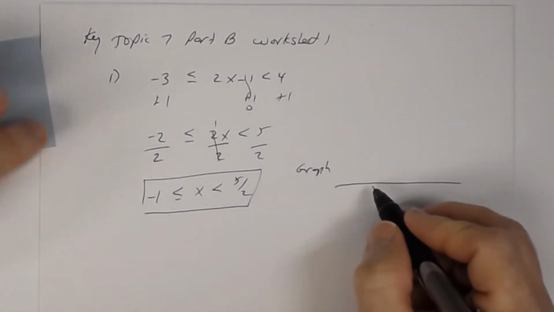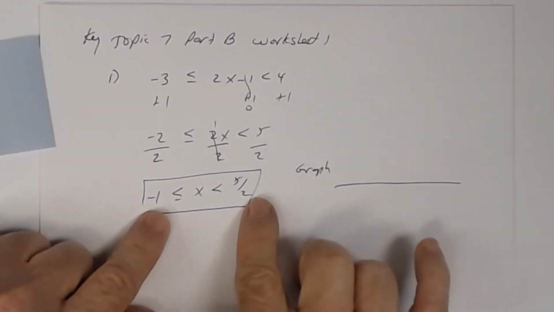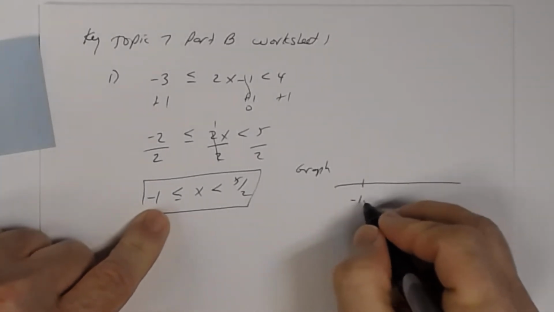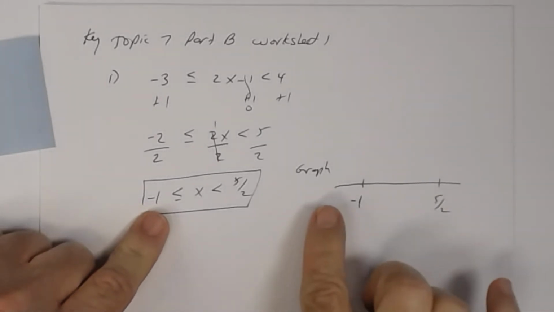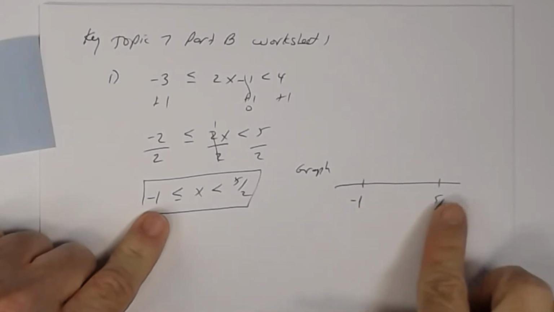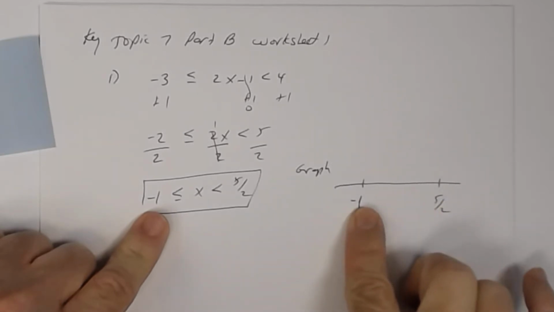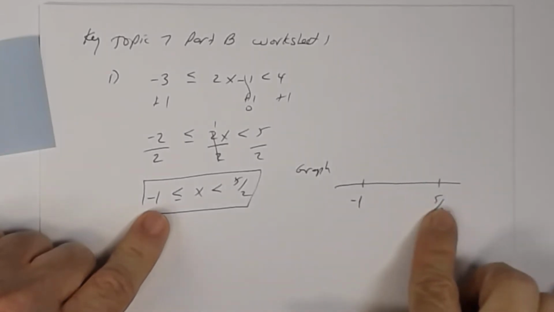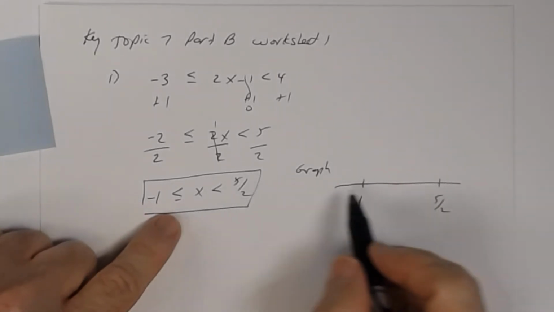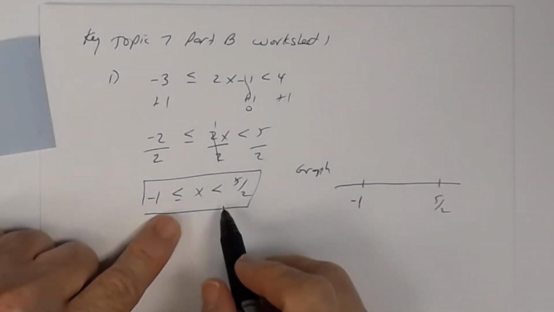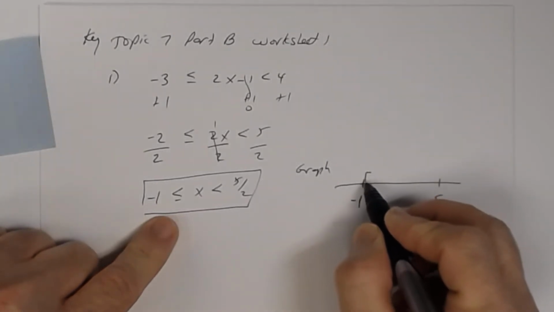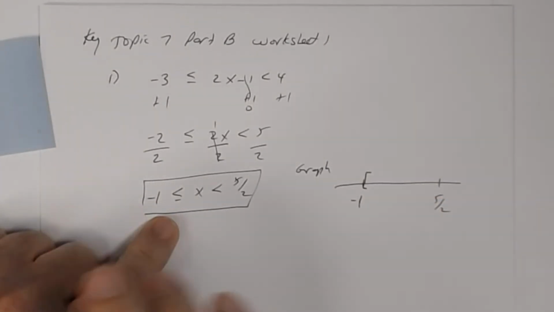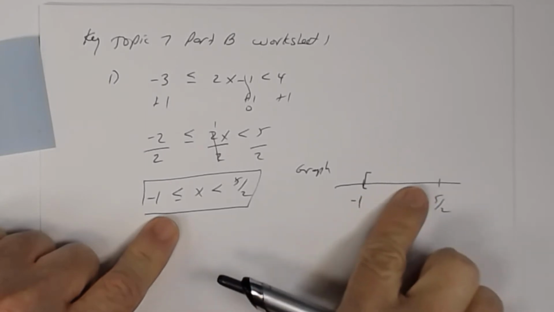So you put your endpoints here, your end numbers, so negative 1 and then 5 halves. And remember, in the number line, you always go from smallest to largest. Smallest to largest. Negative 1 must be listed first. 5 halves must be listed to the right. Notice you've got to think about, well, do I use brackets or parentheses? Well, there's an equal sign here, meaning negative 1 is a solution, so you have to use a bracket, pointing to the right.